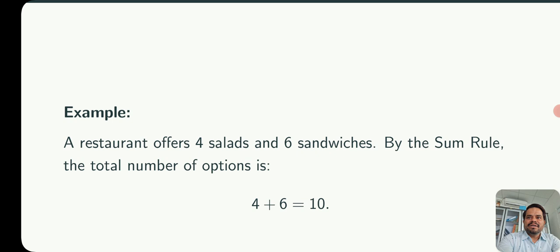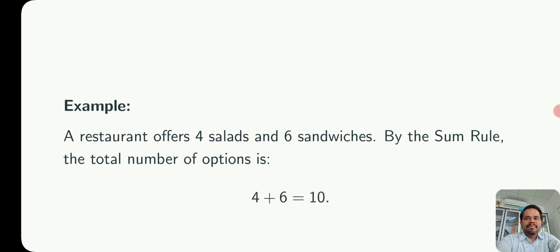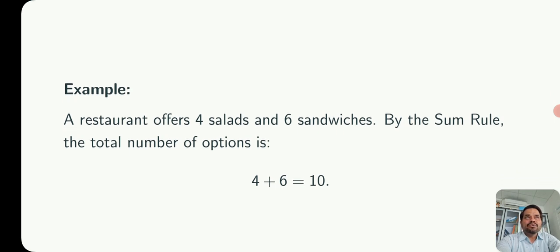If you want to order either a salad or a sandwich, how many options do you have? Again, these choices are mutually exclusive, as you can only order one item at a time. So by the sum rule, the total number of options is 4 plus 6 equals 10 ways you can choose a salad or a sandwich.